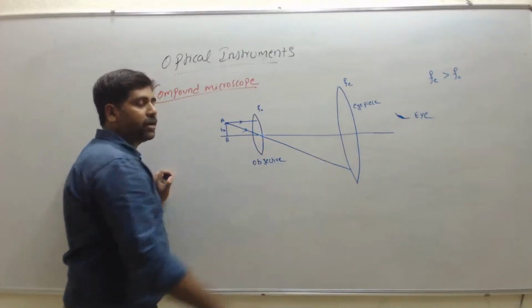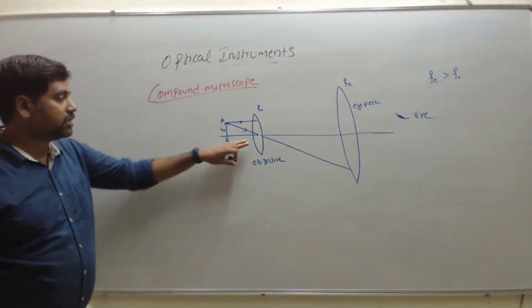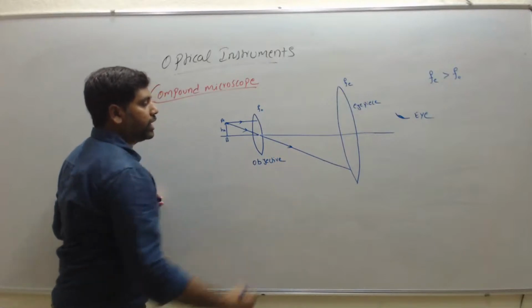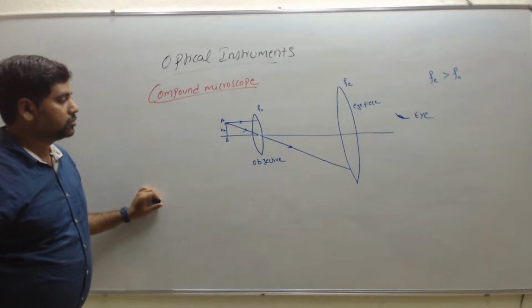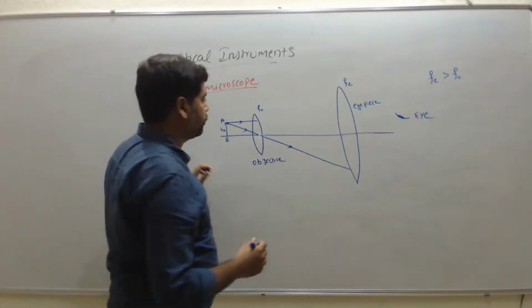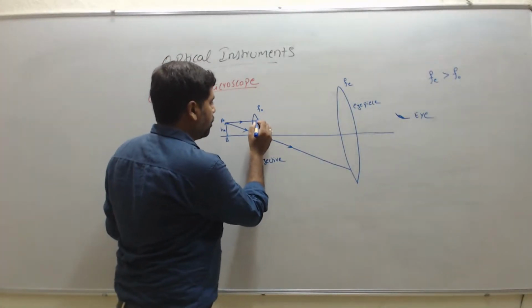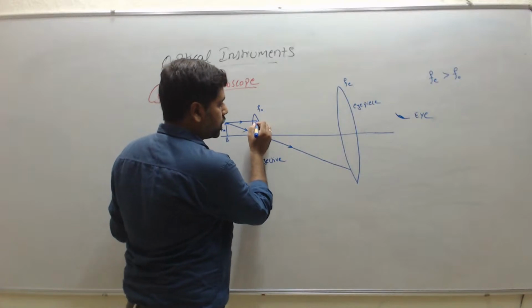The ray passing through the optic center goes straight without any deviation. The second ray is passing through the focus.